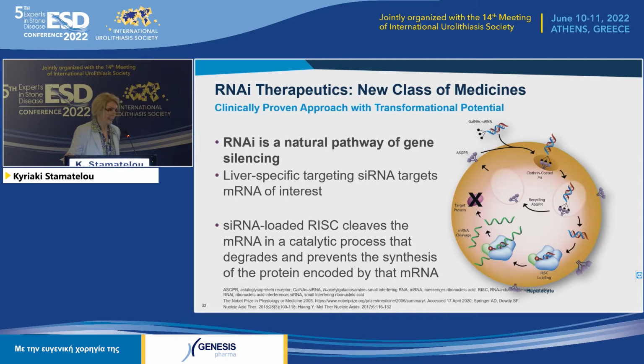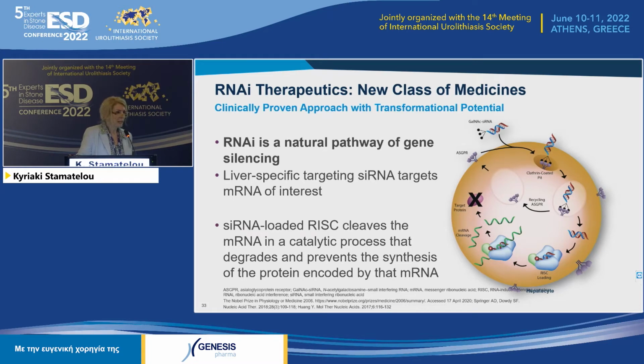But fortunately, we live in the era of new therapeutics. This drug has come to revolutionize the way we perceive and treat primary hyperoxaluria type 1, and hopefully other diseases. I'm referring to the technique being used, called small interfering RNA therapeutics.